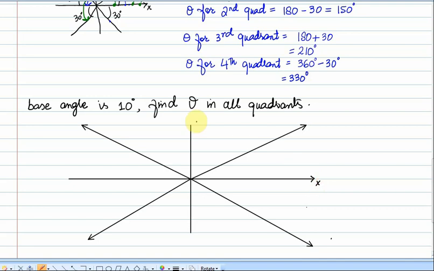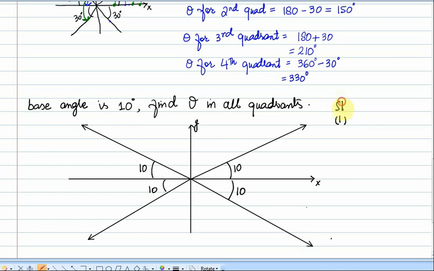It's a positive x-axis and that is the positive y-axis. The first step remains the same, that you need to mark your base angle in all the four quadrants. So for the first quadrant, that is your base angle 10. For the next one, this one, third and fourth. So first step done, and I'm just writing down the steps here.